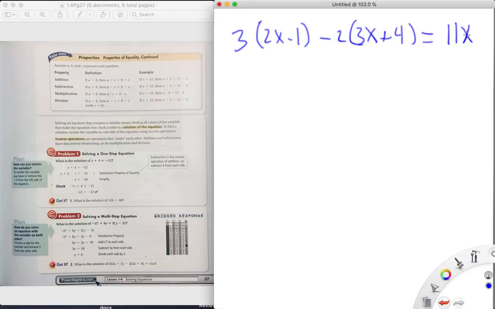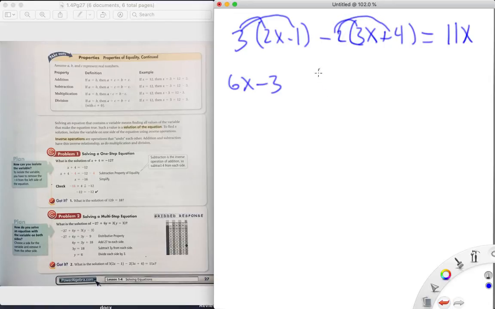The way to solve a problem like this is the first thing we have to do is expand everything out. So I'm going to multiply using the distributive property 3 times 2x and 3 times negative 1 to give me 6x minus 3. This 2 and this minus sign is going to multiply the 3x. This 2 and the minus sign is going to multiply the 4.